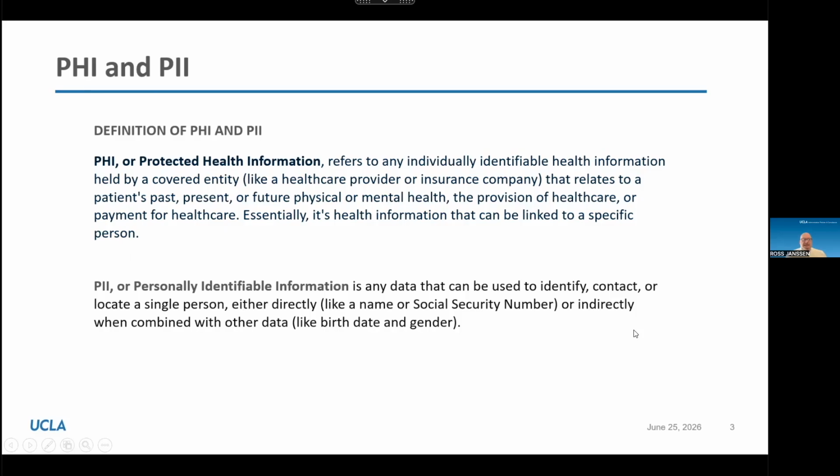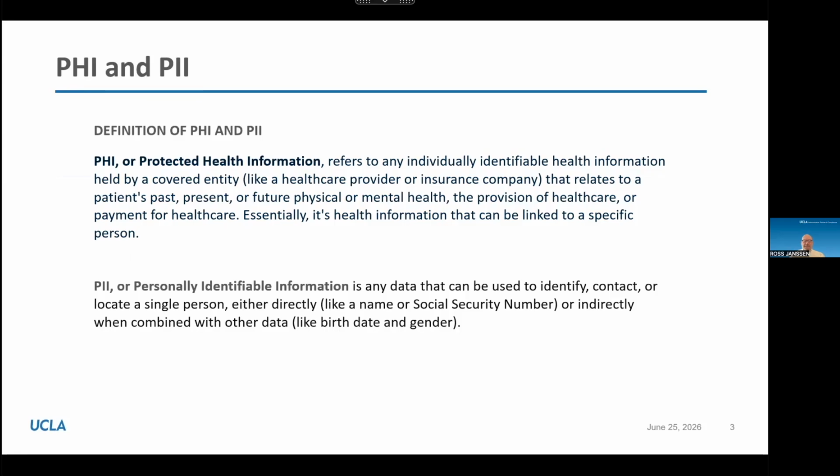So what is PHI and PII? PHI is protected health information. That's the technical term under HIPAA. And it refers to any individually identifiable health information held by a covered entity like a healthcare provider or insurance company that relates to a patient's past, present, or future physical or mental health and the provision of healthcare or payment for healthcare.